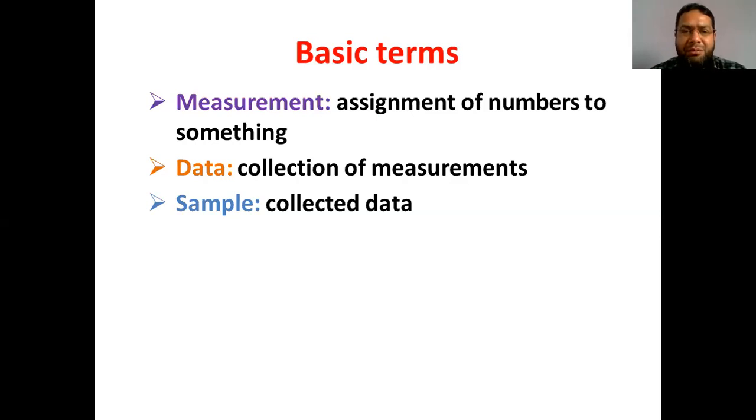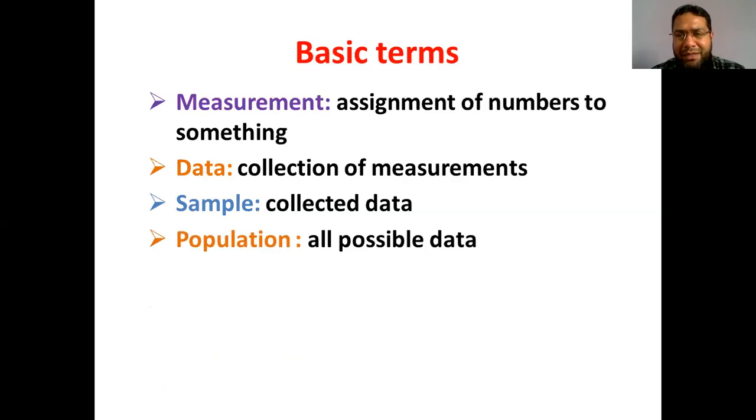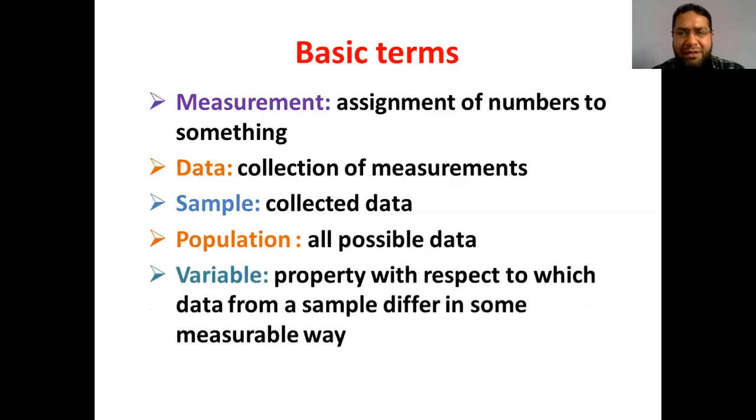Then we estimate how many people have contracted the disease. This constitutes the sample. Then population is all the possible data. For example, the population of J&K will constitute the population, and how many people are being infected, are being treated, it constitutes our sample. This shall be clear in next lectures as well.